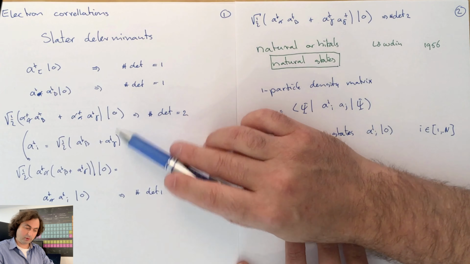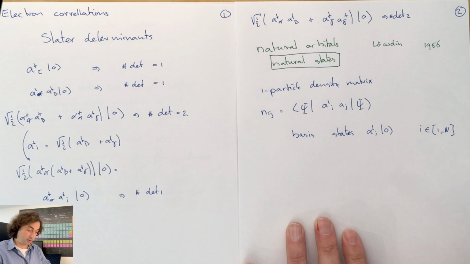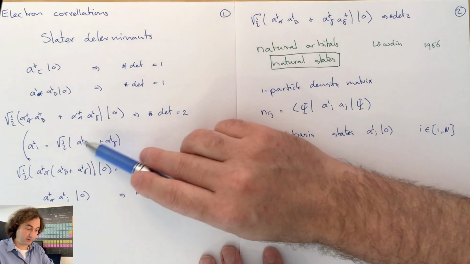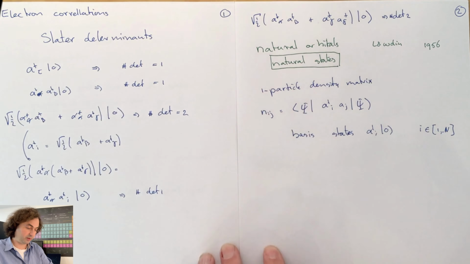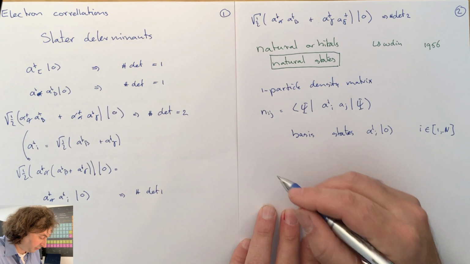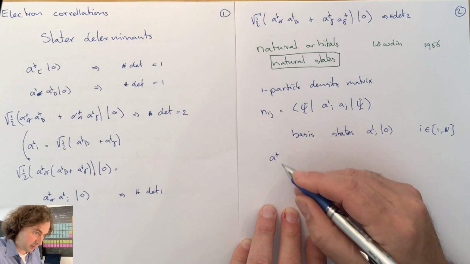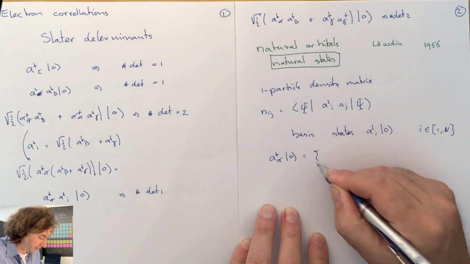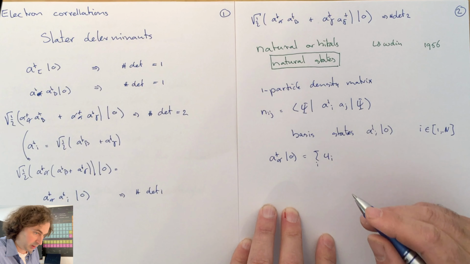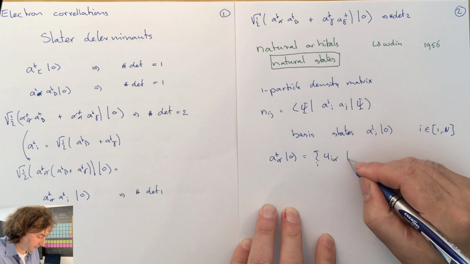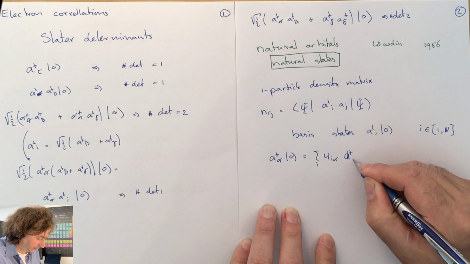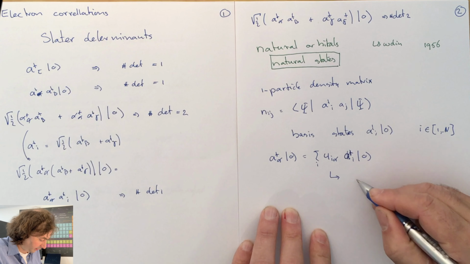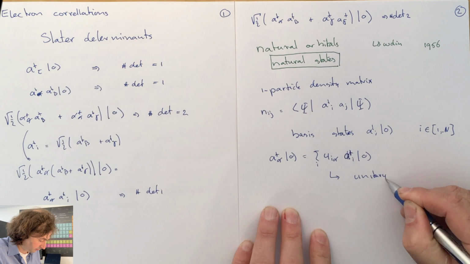What we saw before, we can define unitary transformations of our basis state and then get more or less determinants. If I go from basis alpha, i to alpha, beta and gamma, you get more determinants, or the other way around, fewer determinants. So let's define a unitary transformation. My states, a dagger alpha acting on 0, are given by a sum over i, u_i alpha, a dagger i, acting on the vacuum. And this is a unitary transformation.